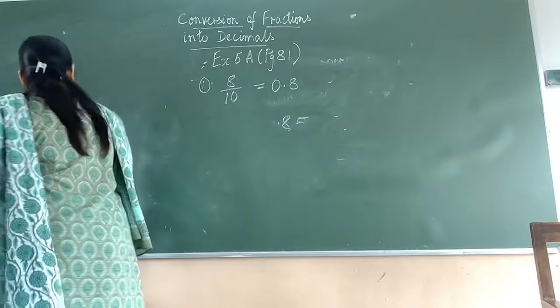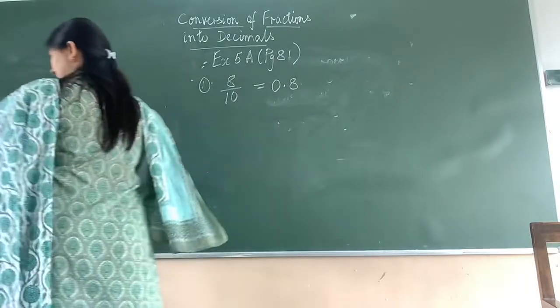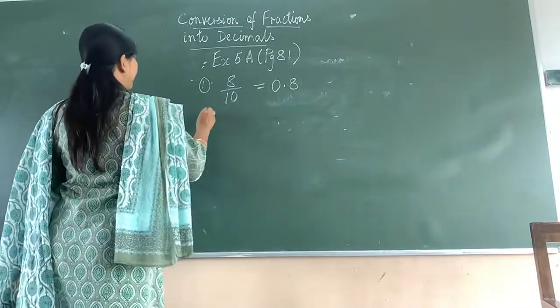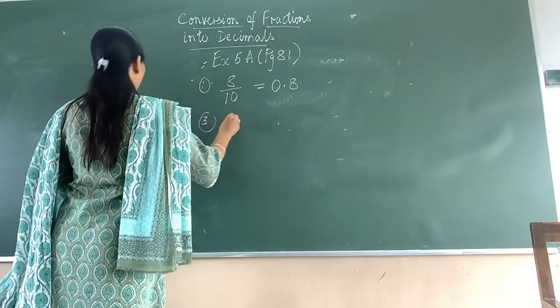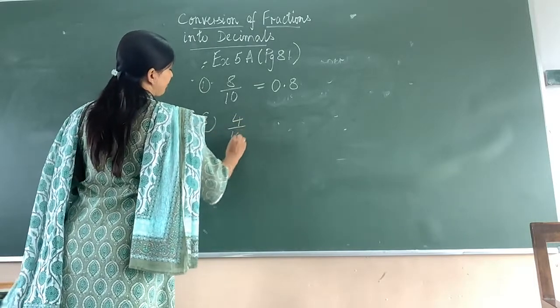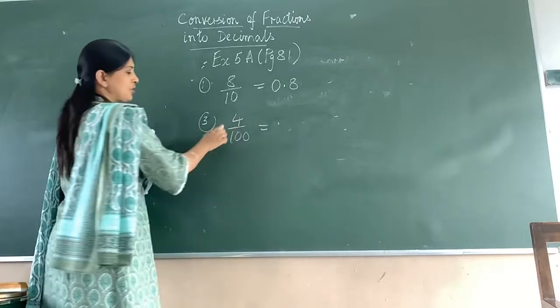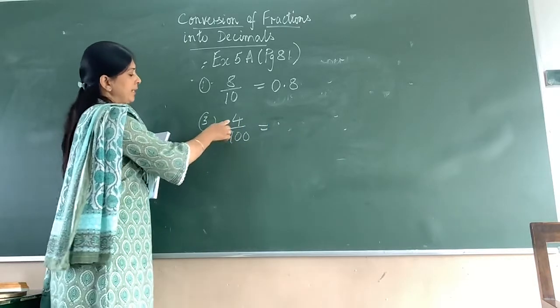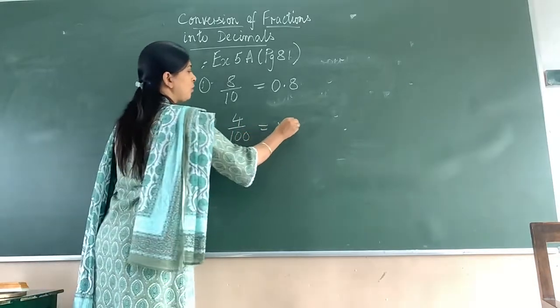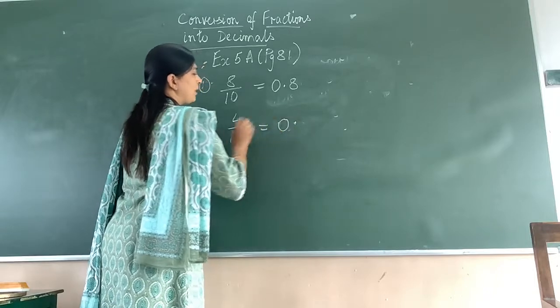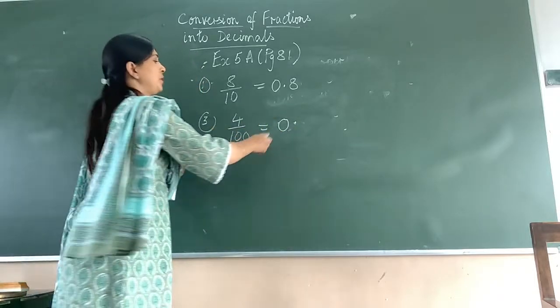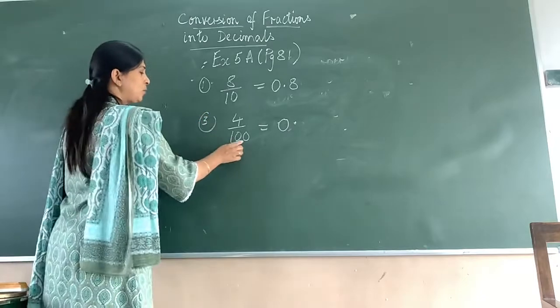Okay, now next, let us take third one. 4/100. Again, children, it is a proper fraction. It is less than 1. So, before the decimal point in whole number part, we will write 0. 0 point. Now, there are 2 zeros.